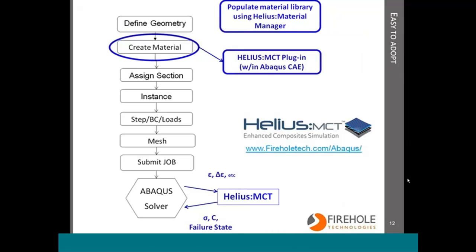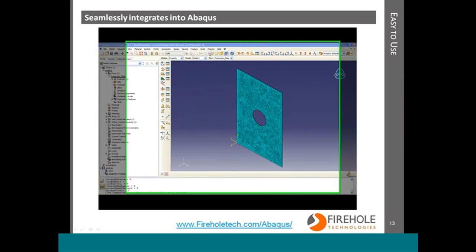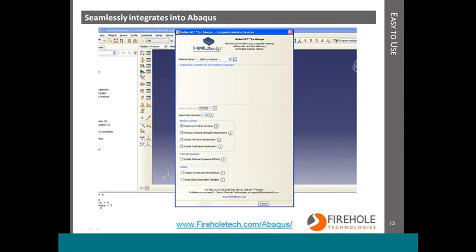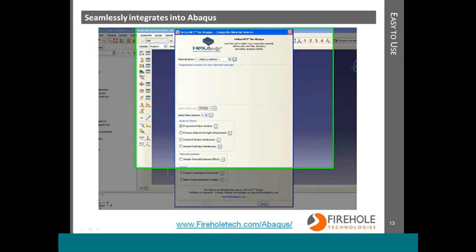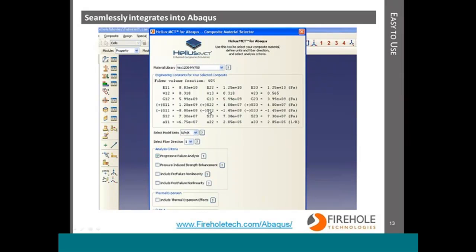This movie is going to show you how to use the Helius MCT plugin. At this point, we have geometry defined, and we're in the property module of Abaqus CAE. Instead of going to your Materials tab, you use the plugin, and when you select your material, you can double check them.